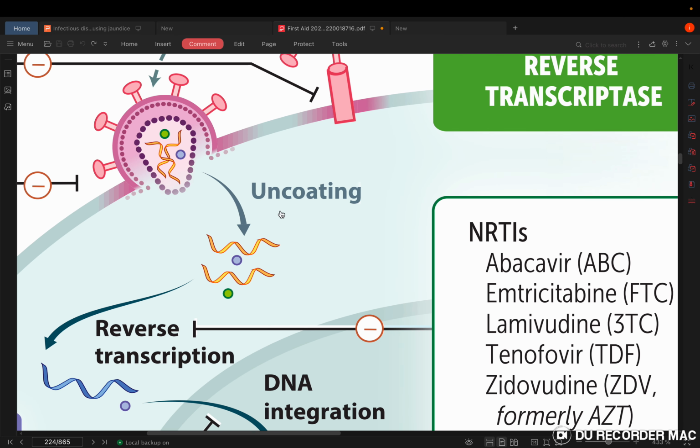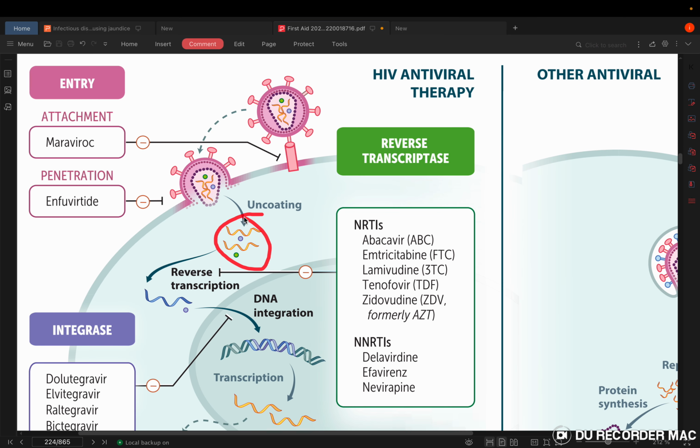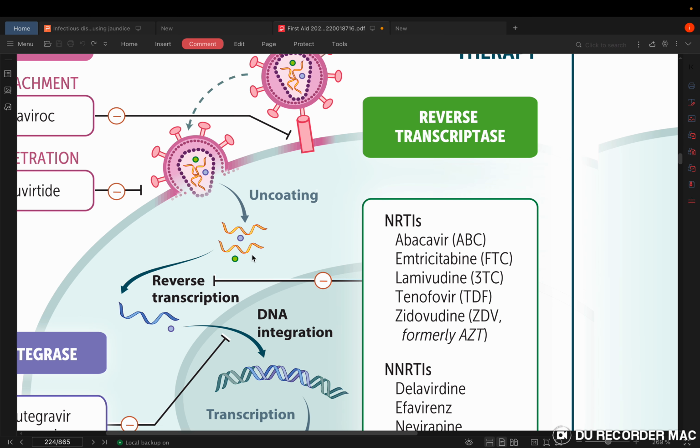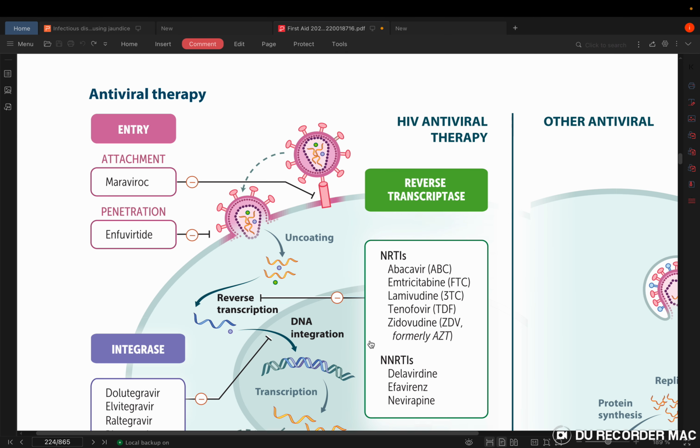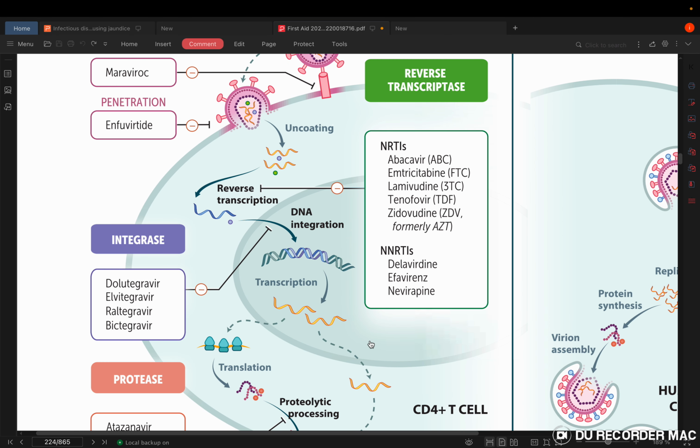Now inside of it, we have some particles. We have the RNA of the virus, and it has two little molecules. One of these molecules is the integrase, and the other one is the reverse transcriptase. You can see here that the reverse transcriptase works on the RNA, and what is it going to create from the RNA? DNA, absolutely, good.